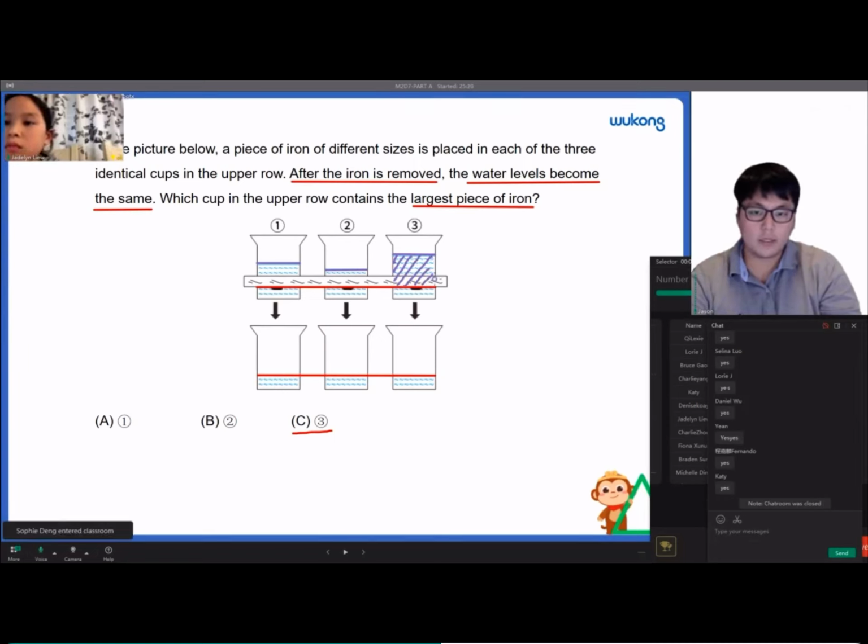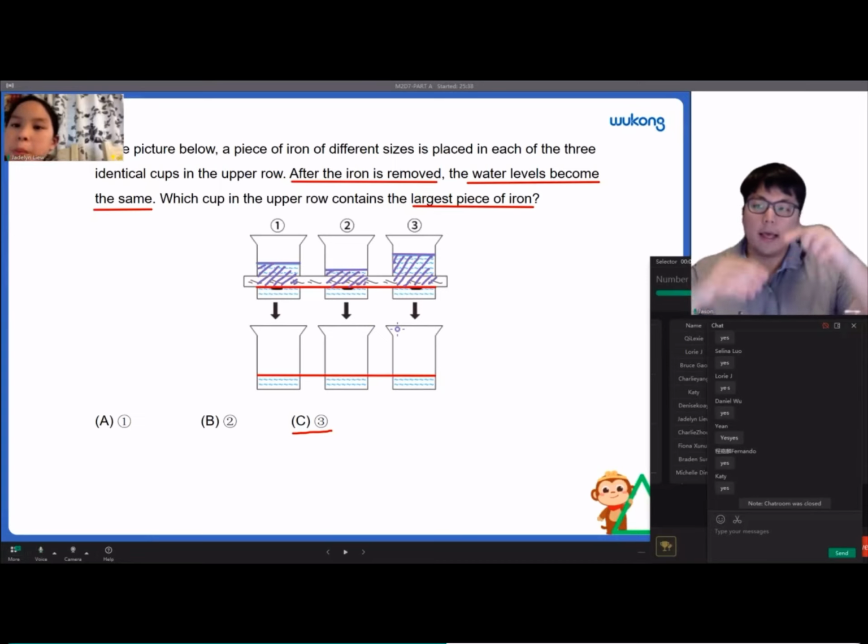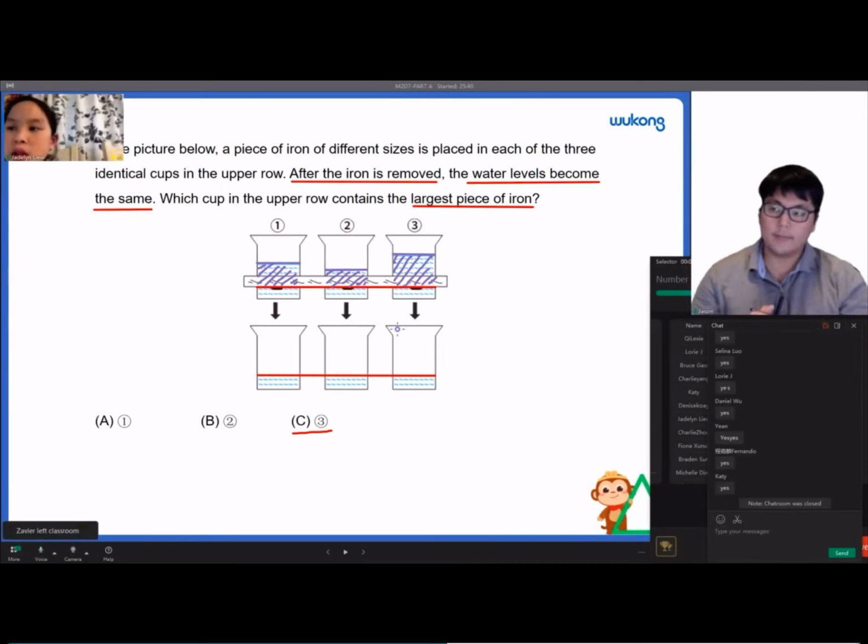Does that make sense, Jadelyn? Yes. So before we had a water level all the way up to the purple line, and after taking out the metal piece, everybody, it all went down to the red line. So which cup dropped the most?